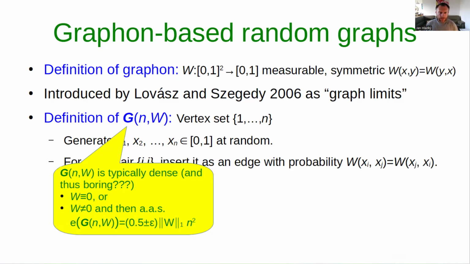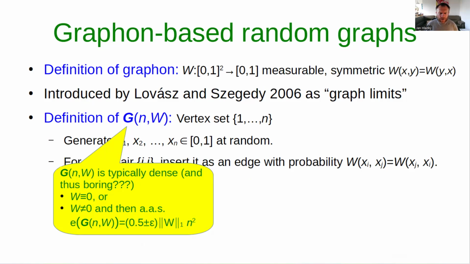However, in our result with Simón and Frederik, we do not use scaling. Our fixed graphon model G(n, W) generally produces dense graphs, that is, graphs with a quadratic number of edges in terms of n, as long as W is not constant 0.